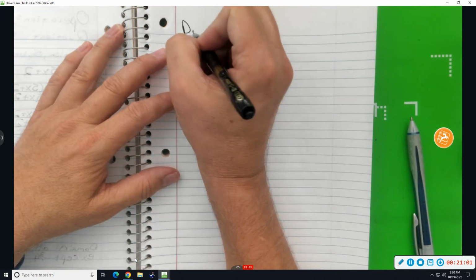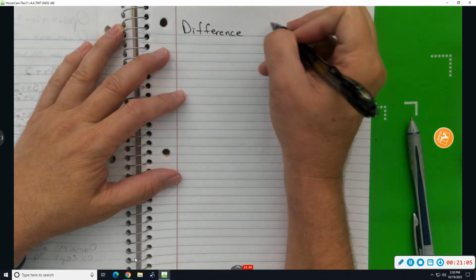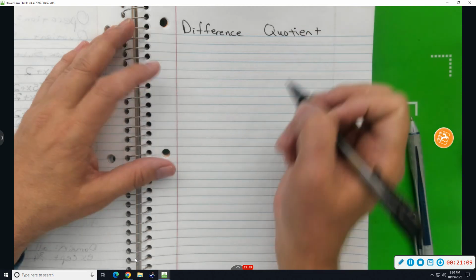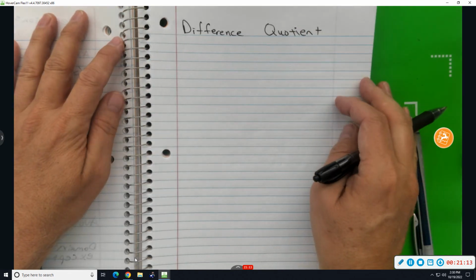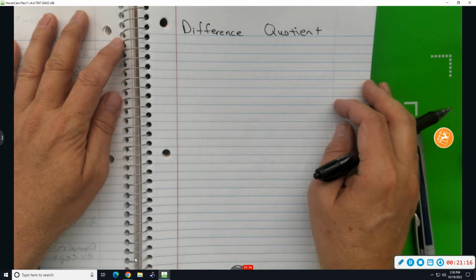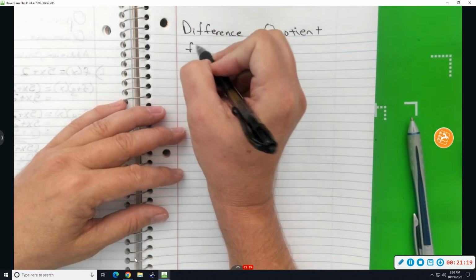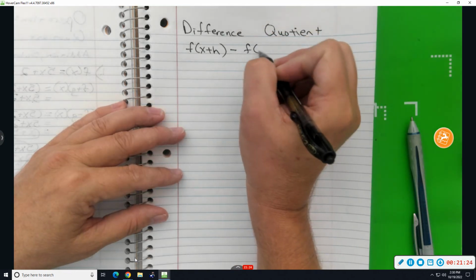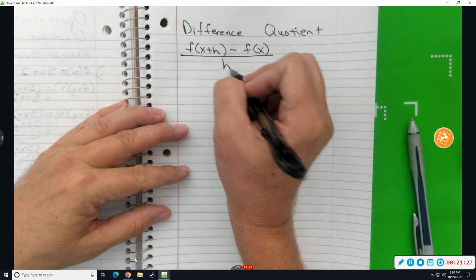The difference quotient is a fraction using functional notation that's important in a calculus class. For our purposes, it's just practice using function notation. The difference quotient is defined to be f of x plus h minus f of x, all divided by h.